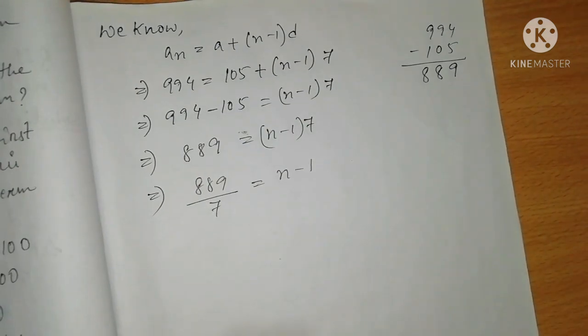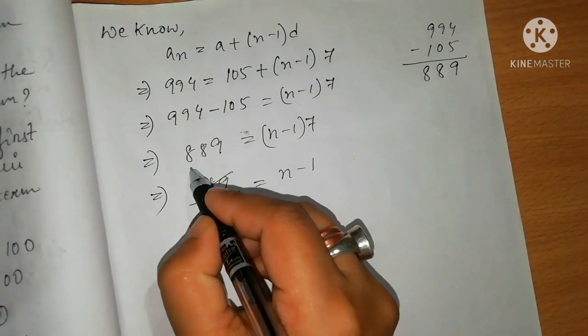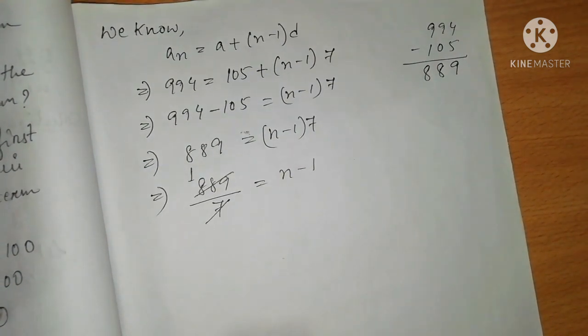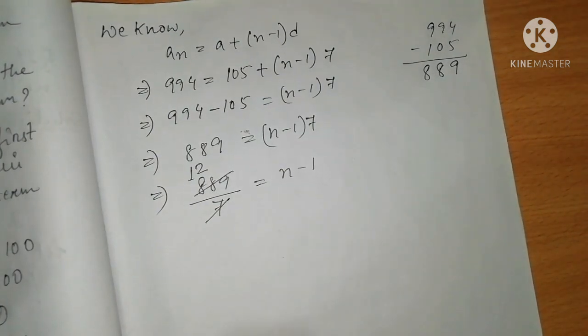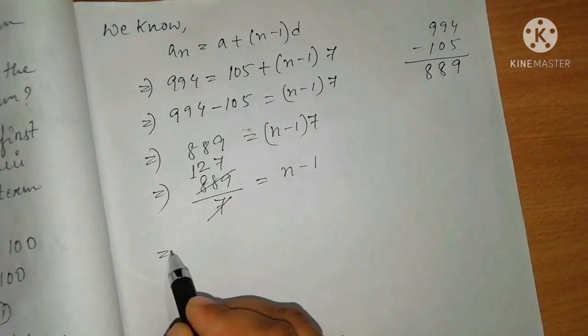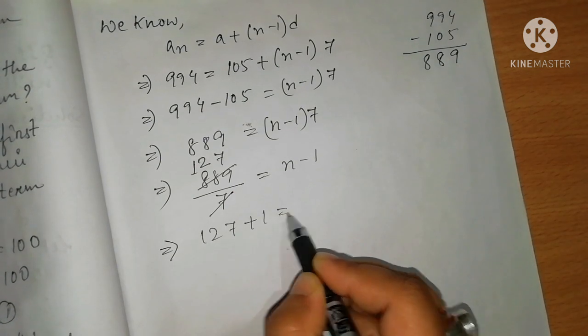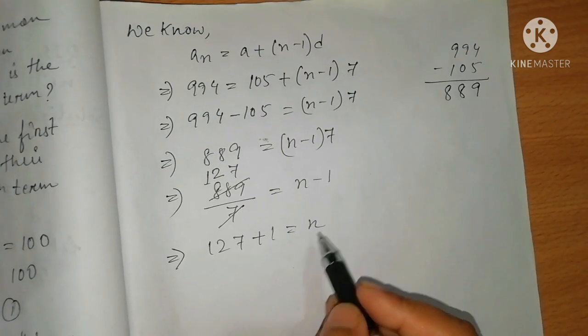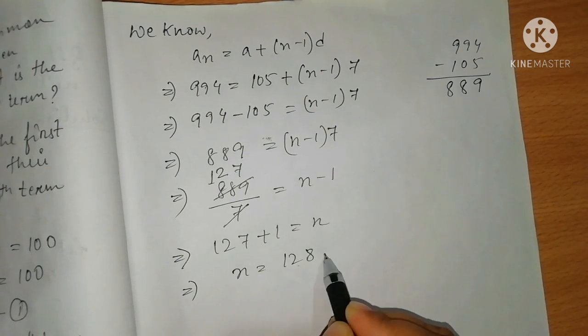Now is it divisible? Let us see, is it divisible or not? So 7 1 is 7, 18, 7 2 is 14, 18 minus 14 will be 4, 49, 7 7 is 49. So 127, minus 1 comes here, plus 1 equal to n. So therefore n equal to 128.